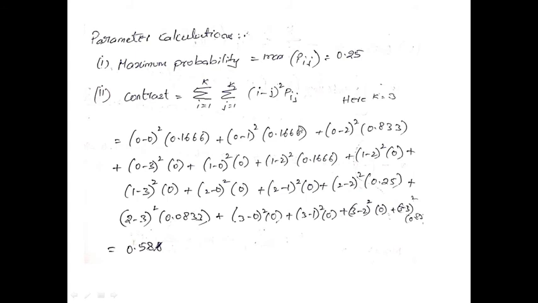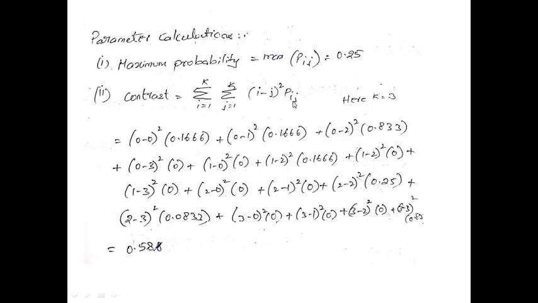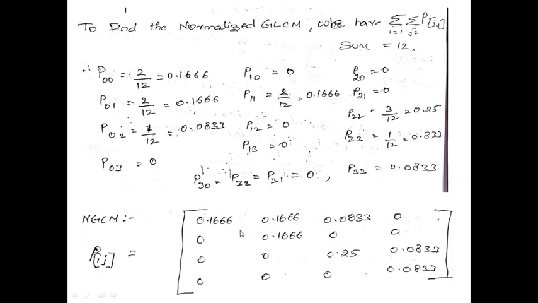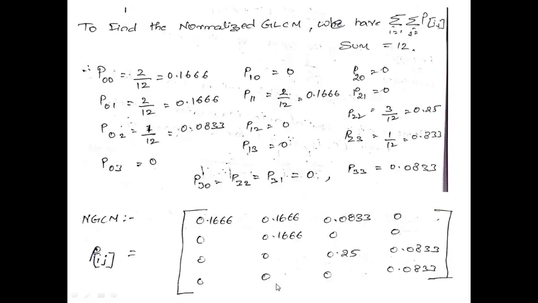For example, if you consider the 0th row and 0th column, P of 0, 0 means i is 0, j is 0. So substitute 0 minus 0 whole square into Pij. What is the P00 value? 0.1666.